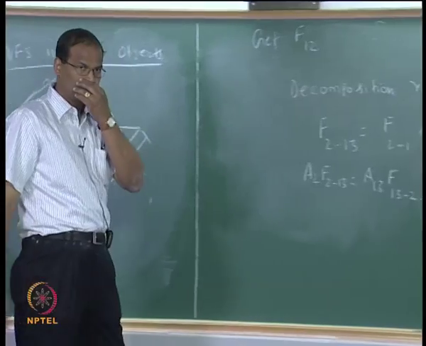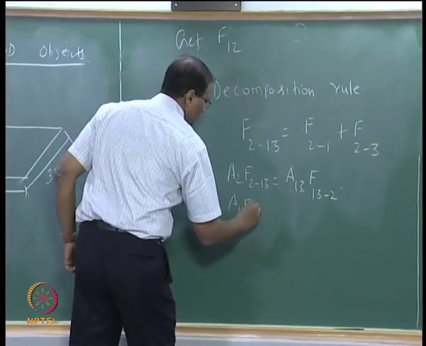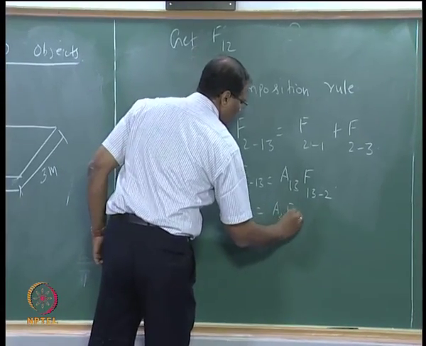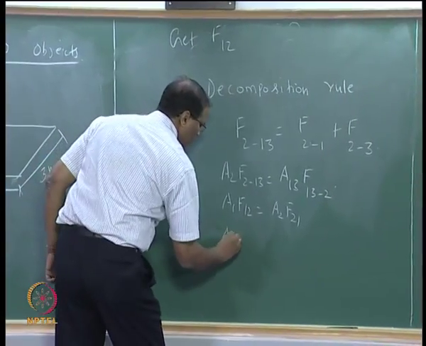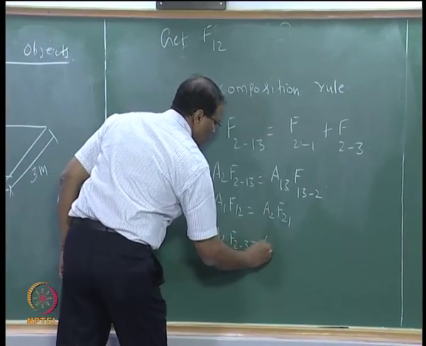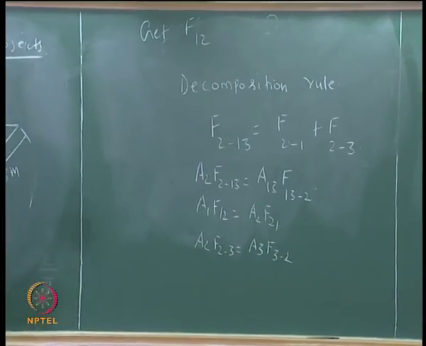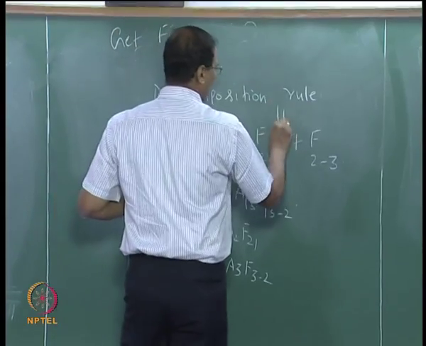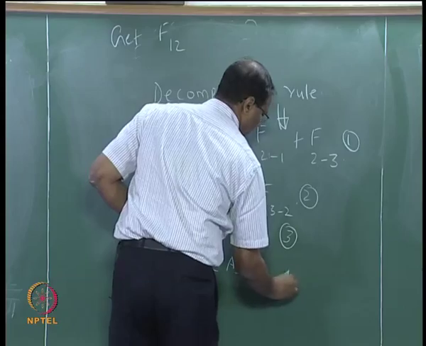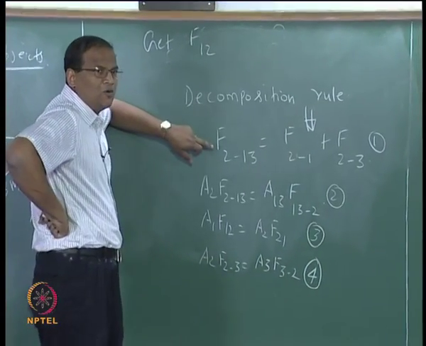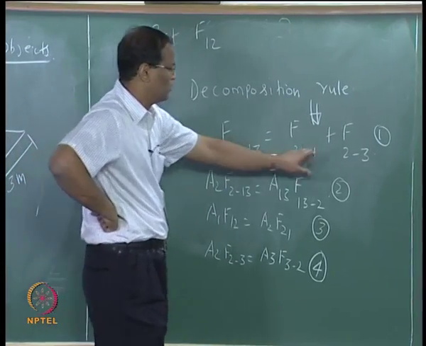Is everybody through with this? So the decomposition rule says that the view factor from, say, one surface to a composite surface is equal to F2 to 1 plus F2 to 3.